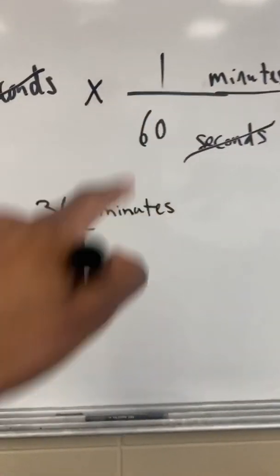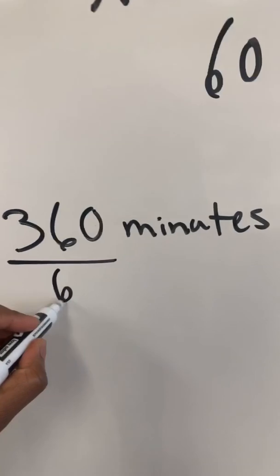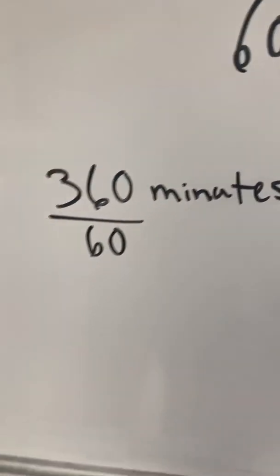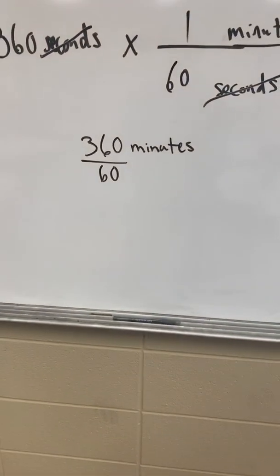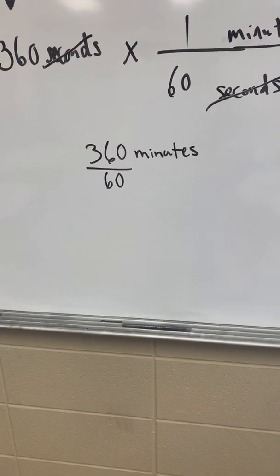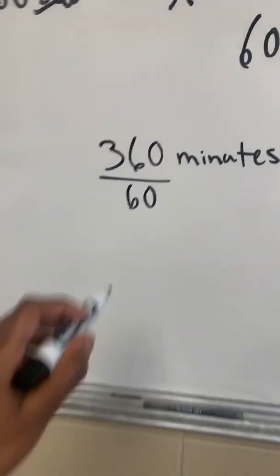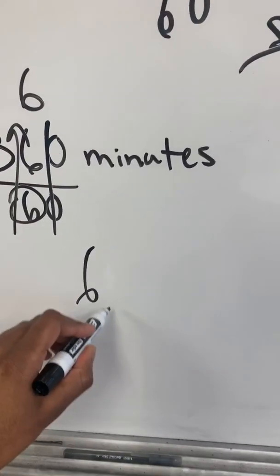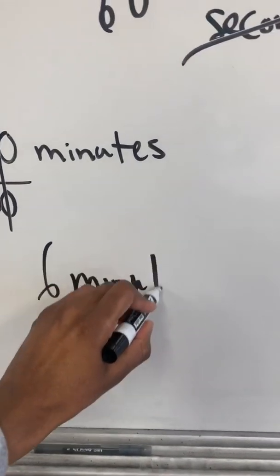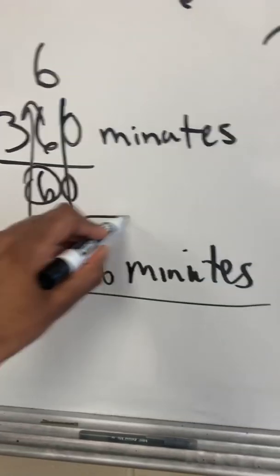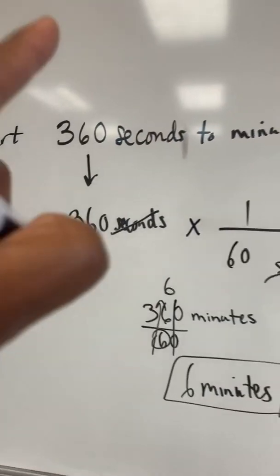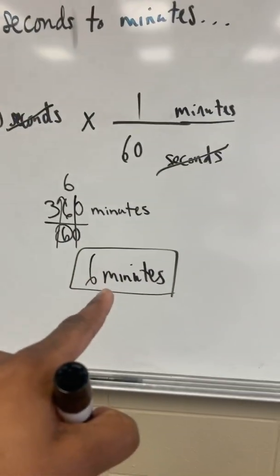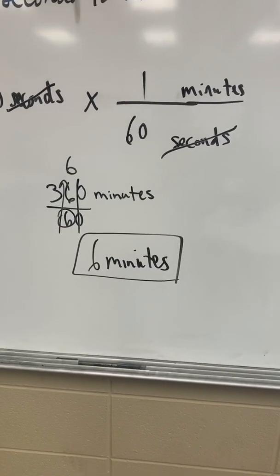But remember, the denominator is 60, so you do have to put the 60 there. And from there, we can divide. 6 goes into 36 6 times. So what we're talking about is 6 minutes. So 360 seconds is equivalent to 6 minutes.